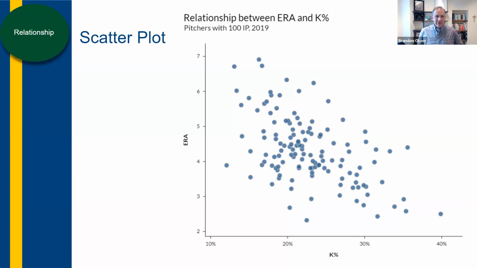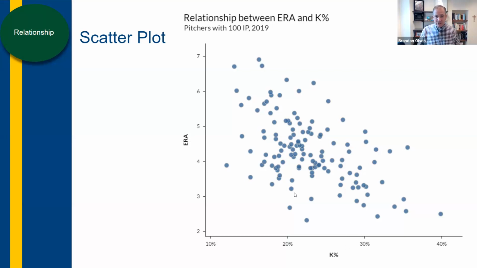If we looked at this in a table, it would be really difficult to discern. But when we put this on a plot, we can clearly see there's somewhat of a trend, but it's not a clear relationship. We could put a line through there to show what the linear relationship looks like, but we would see there's a lot of variance from it. So it would be very hard to predict an ERA for any given percent of strikeouts.